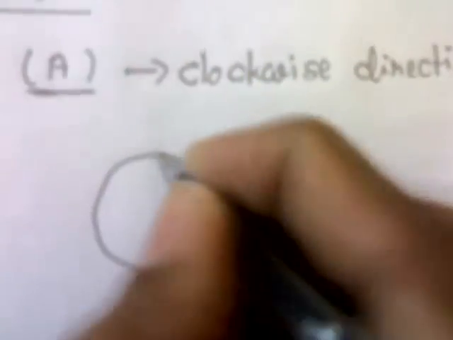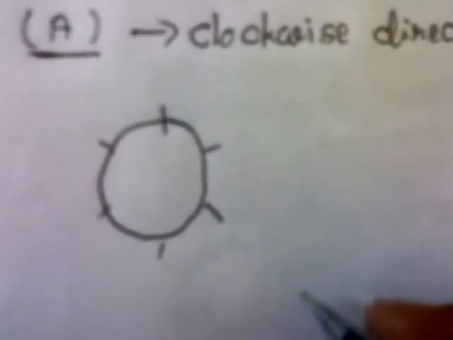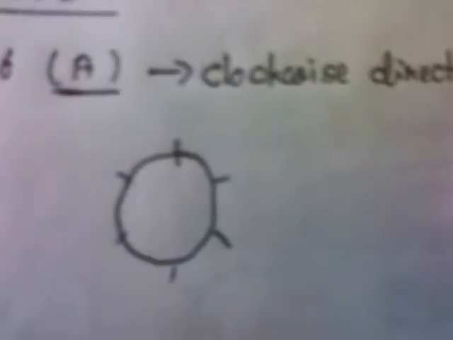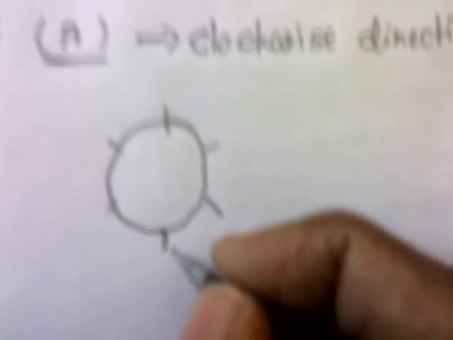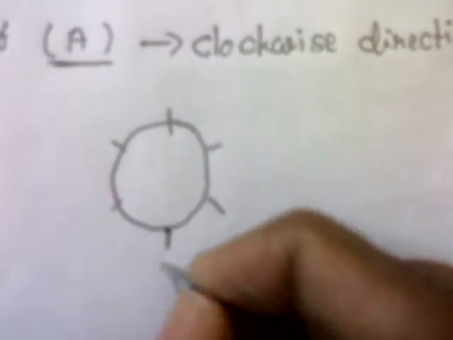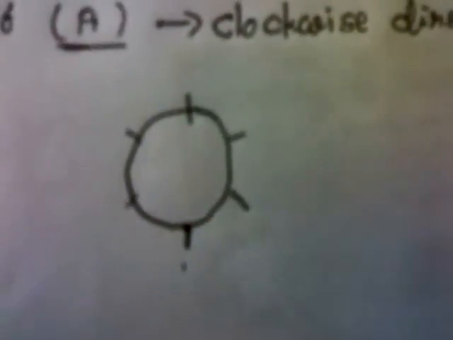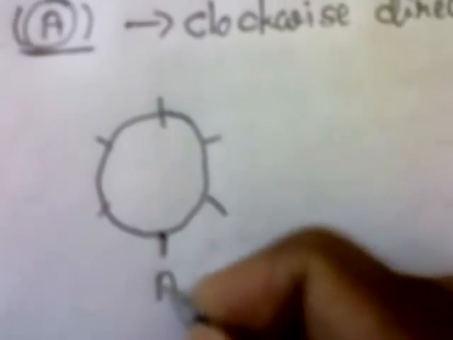Suppose we have a circle like this, 1 2 3 4 5 6, where 6 persons are sitting around the circle, and we have a condition like B sits second to the left of A. So we will put the letter which is followed by of here. The letter followed by of is A, so we will put A here.